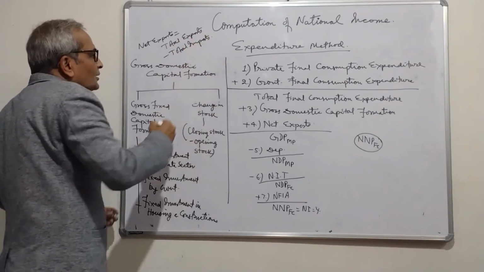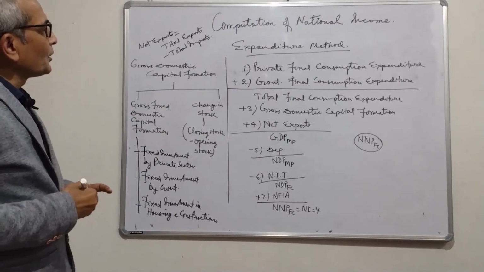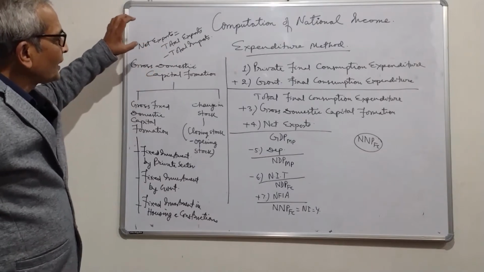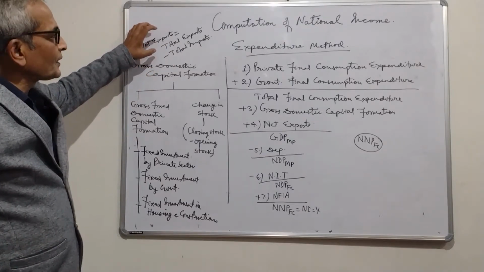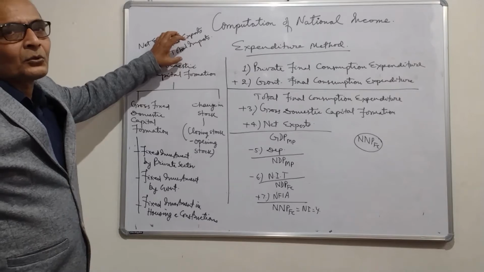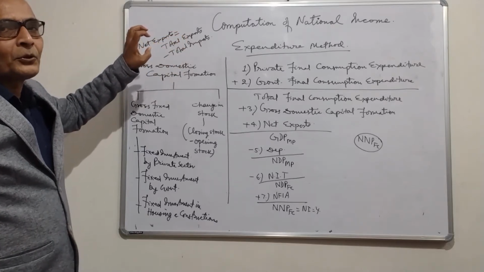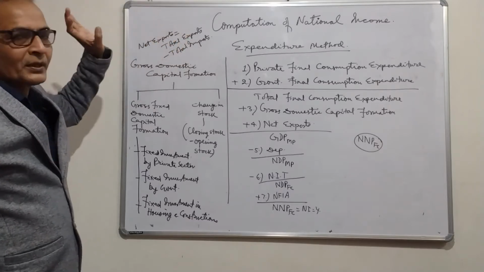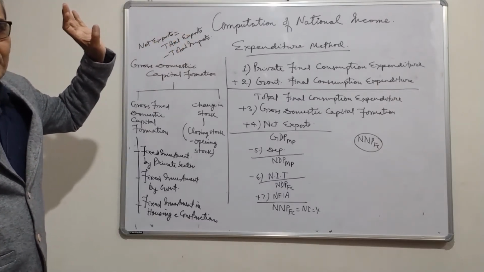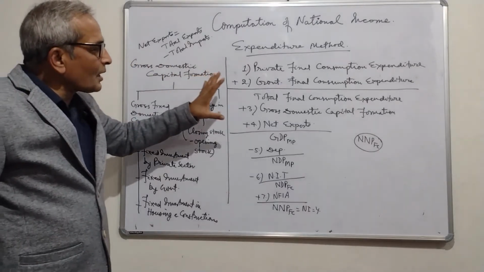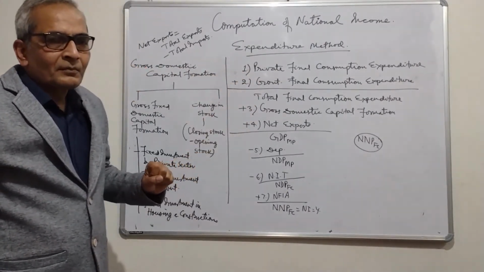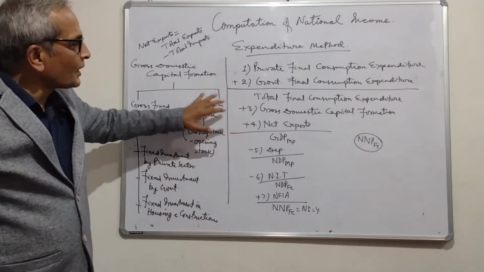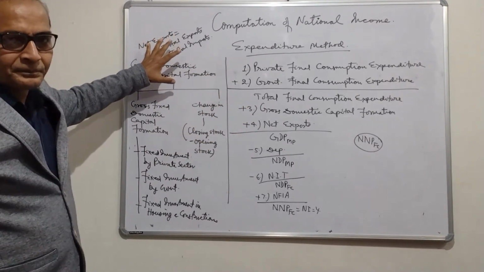So if net exports is given, we will not look at total exports and total imports. But if net exports is not given, then we will look for total exports and total imports, subtract total imports from total exports to get net exports. So these are the four main items. Items at number 3 and 4 have their subparts.